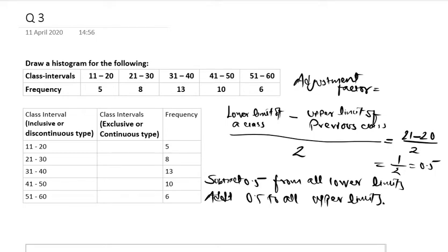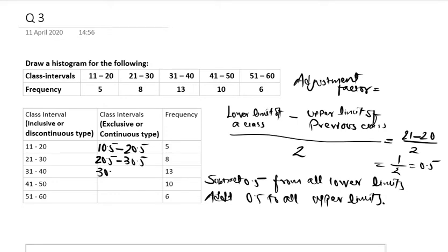So if I subtract 0.5 from 11, it should become 10.5. Okay, and if I add 0.5 to 20, it should become 20.5. So 10.5 to 20.5. Here if I subtract 0.5, it should become 20.5 to 30 plus 0.5, that is 30.5.